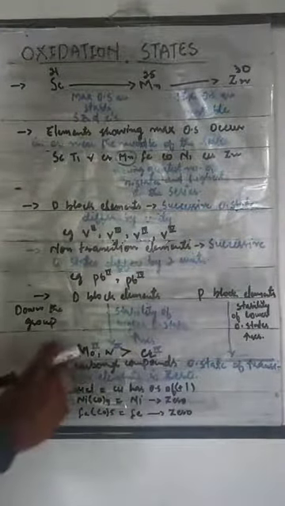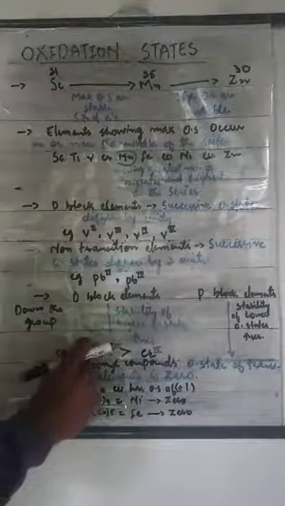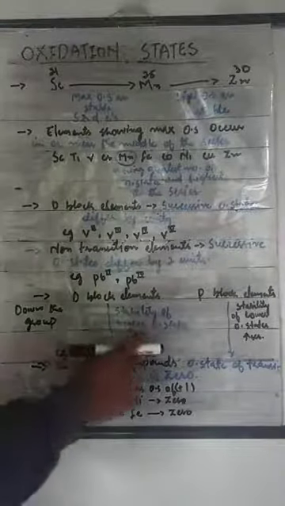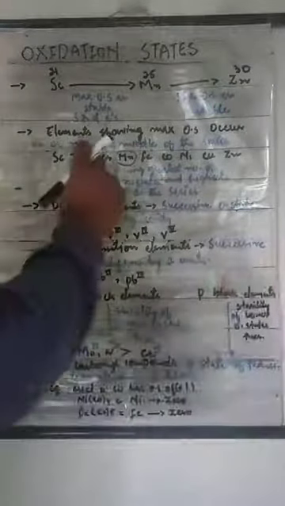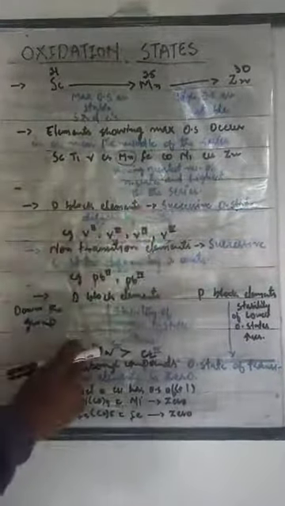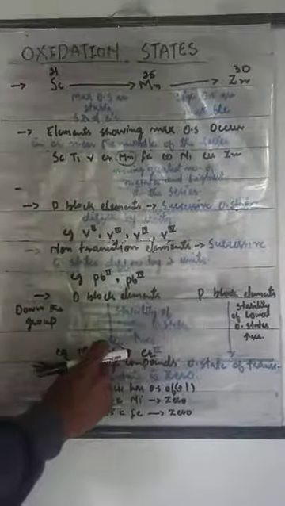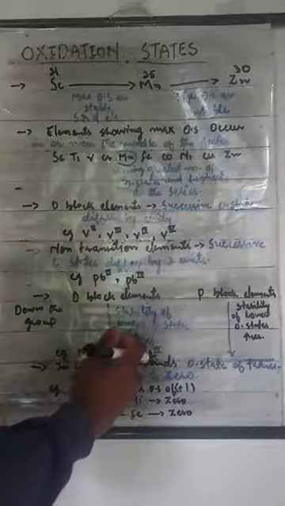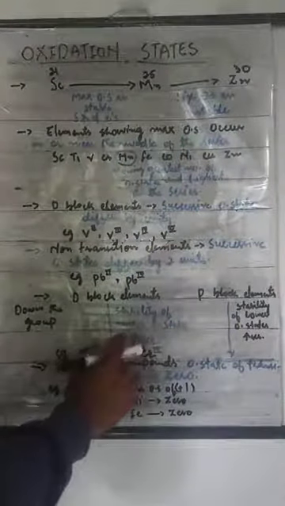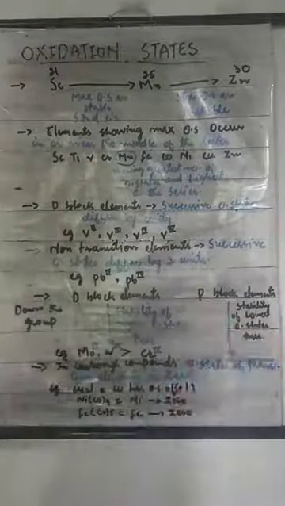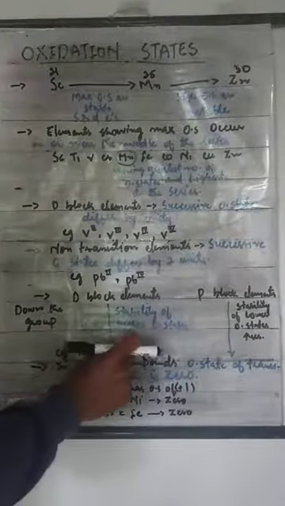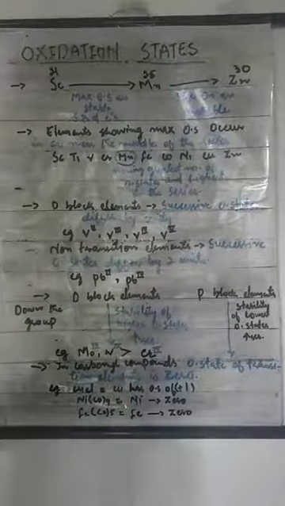Example here, molybdenum 4 and tungsten 4 are more stable than chromium 4. It's because chromium is the element of 3D series, molybdenum is the element of 4D series and tungsten is the element of 5D series. When we move down the group, stability for higher oxidation states increases. That's why molybdenum 4 and tungsten 4 are more stable than chromium 4.